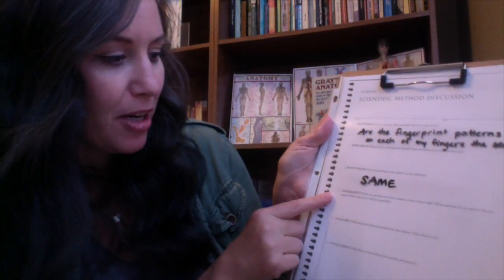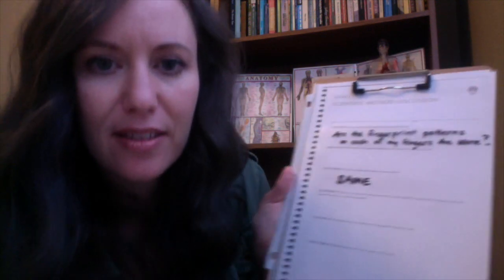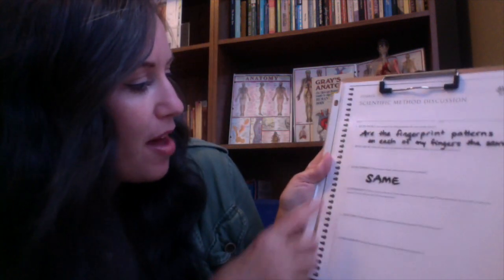Back to our lab sheet now. We did our experiment. What did we observe? It's time for analysis. What did we observe with our fingerprints? What did you see? Were they all the same or were they different? Well, when I looked at mine, all my fingerprints had the same type of pattern. So my hypothesis was that they would be the same.